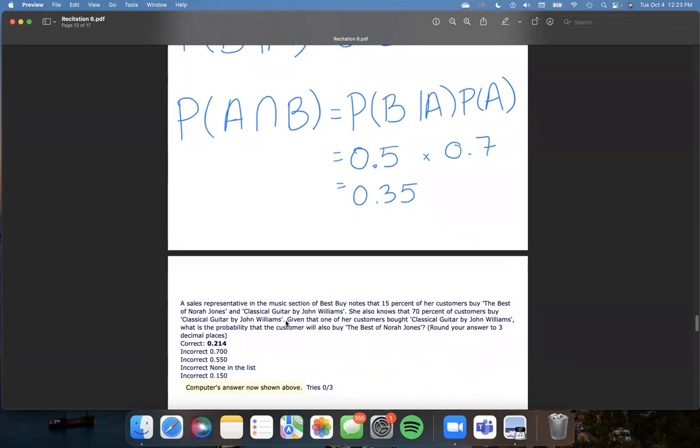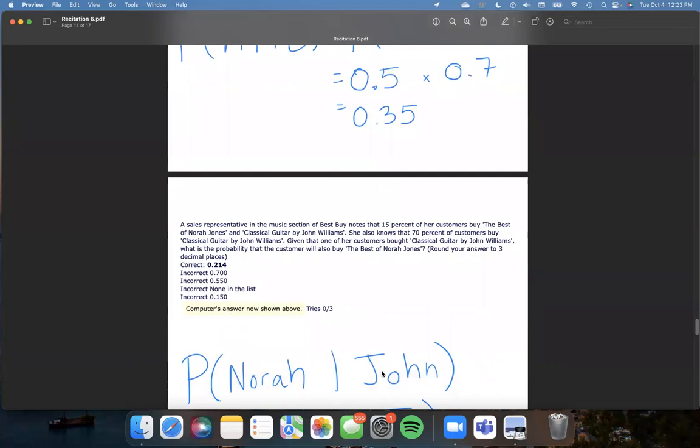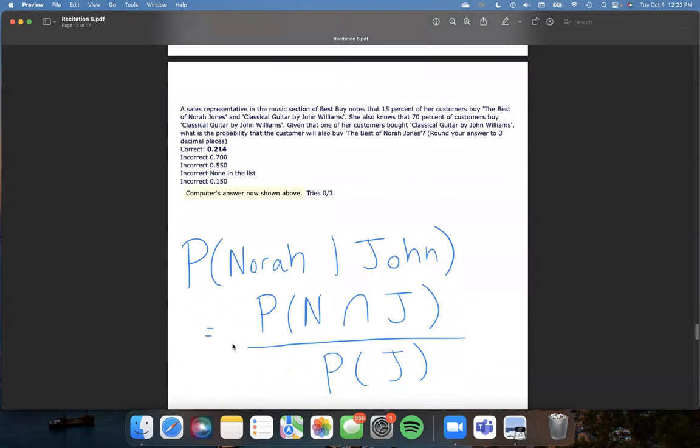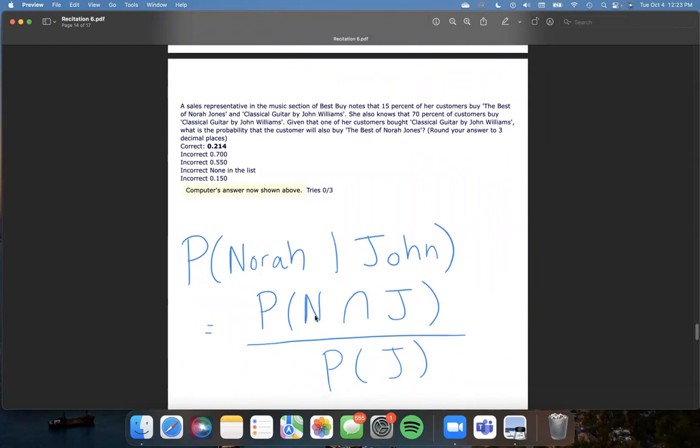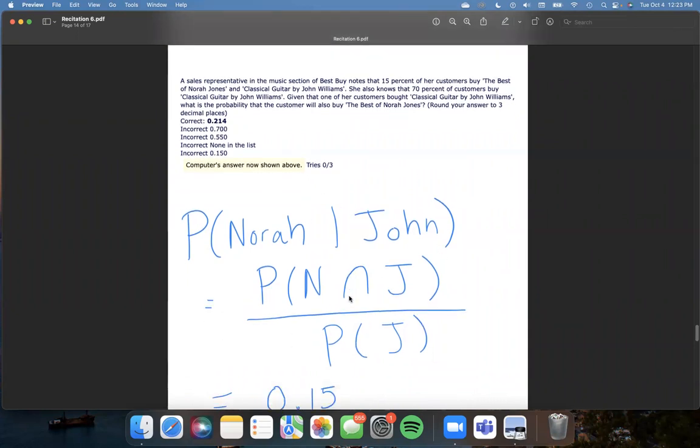So here, given is our keyword, and we have a conditional probability. So we want to know the probability the customer will buy the Nora Jones album, given that they bought the one by John Williams. So N stands for Nora and J stands for John. So this conditional probability equals the probability of N intersect J divided by the probability of J. This equation was also discussed last recitation.